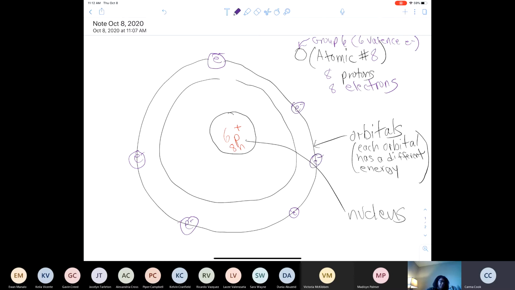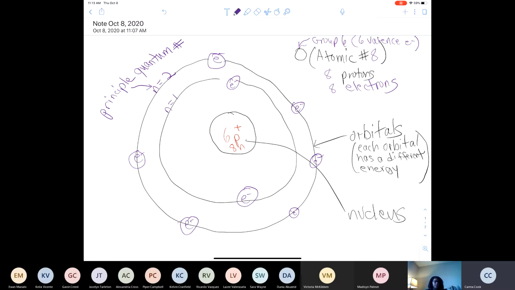The other 2 electrons are going to be in this orbital that's closest to the nucleus. And so this is energy level 1, energy level 2. And that lowercase n, if you go on to take general chemistry, you'll learn more about this. It's called the principal quantum number. And that gives you the energy level orbital number.